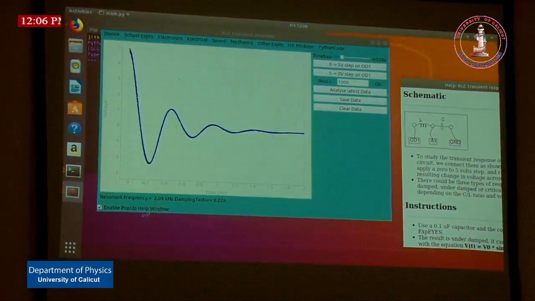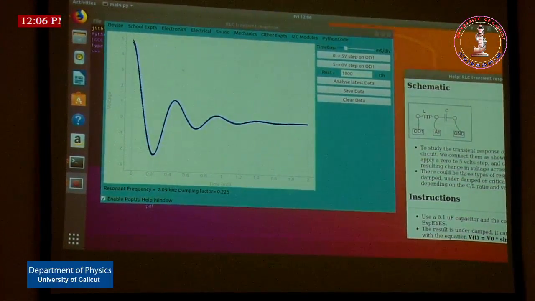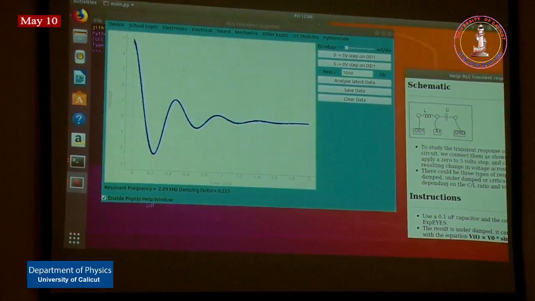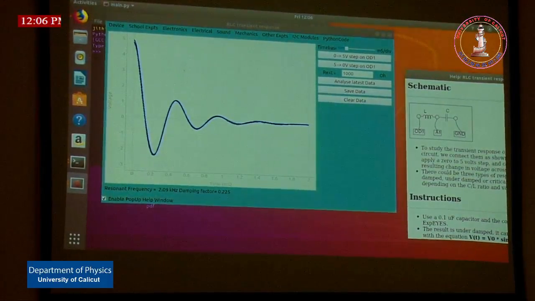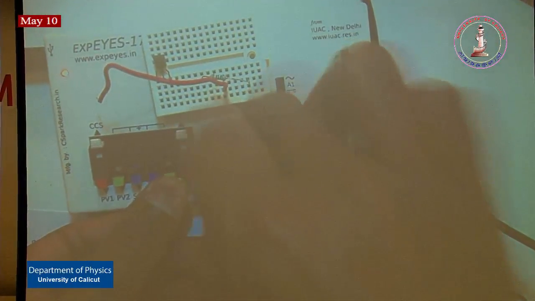So how do you increase the damping now? How do you increase the damping in an RLC circuit? You add some R, right? So I'll add some series resistance. One more resistance let me put.